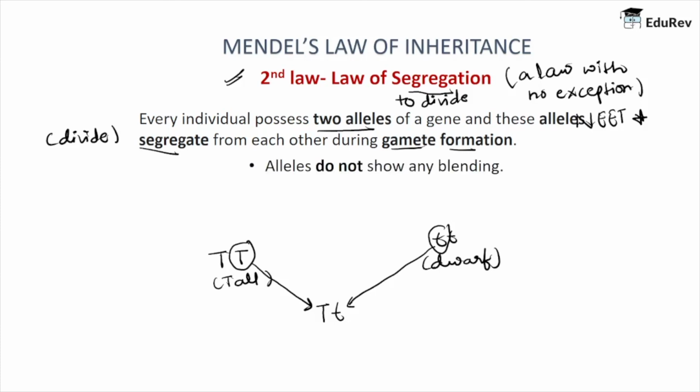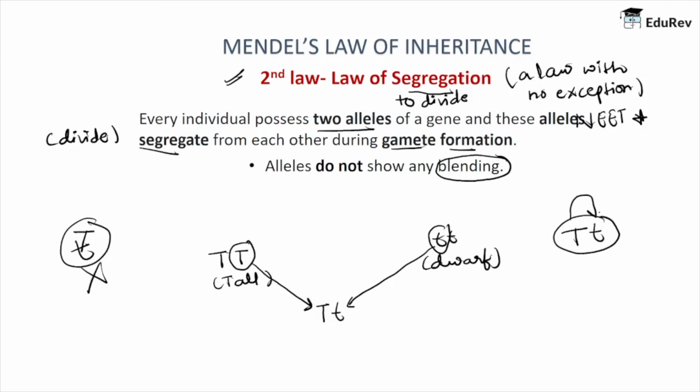Also, these alleles do not show any blending. What does it mean to not show any blending? It means that this capital T is not getting merged with small t. Do you see this kind of condition? No. It means the capital T and small t are existing with each other, but this capital T is dominating over the small t.